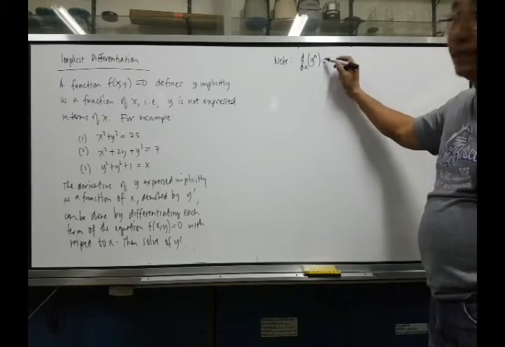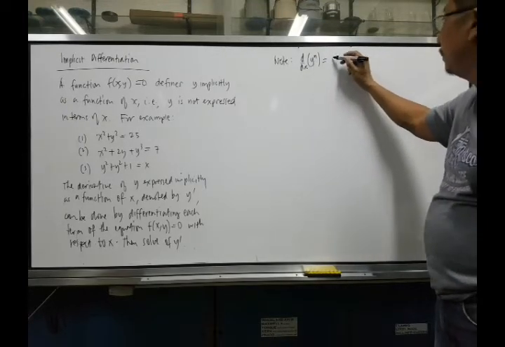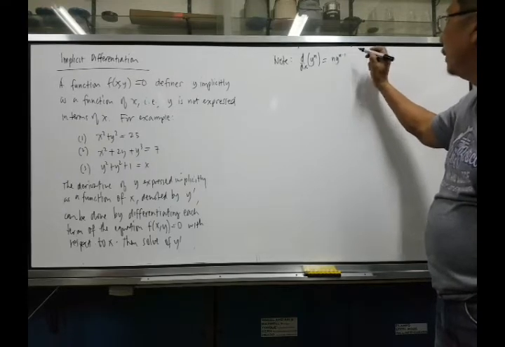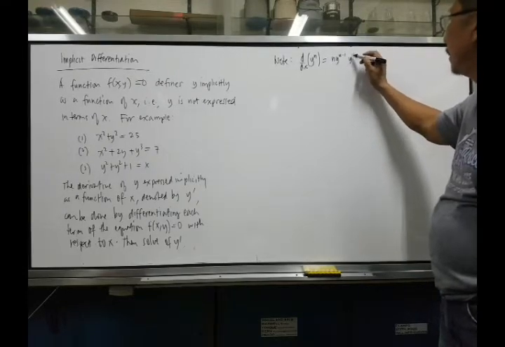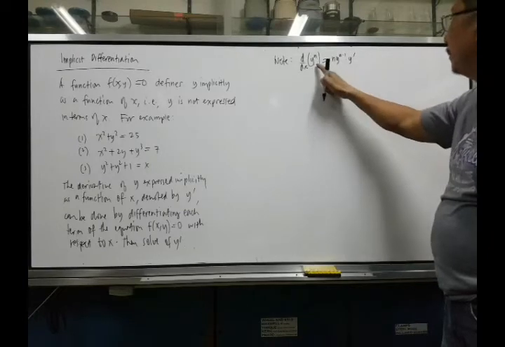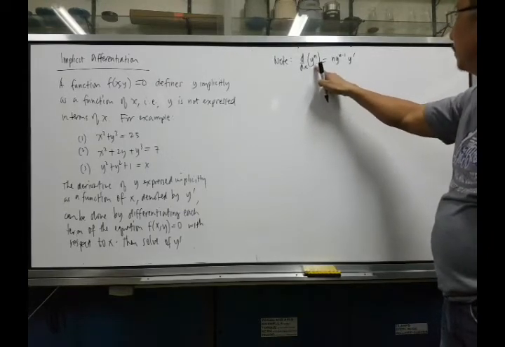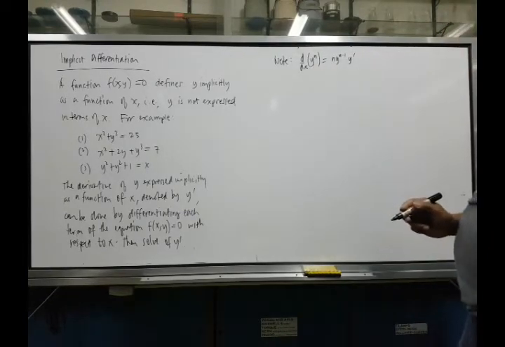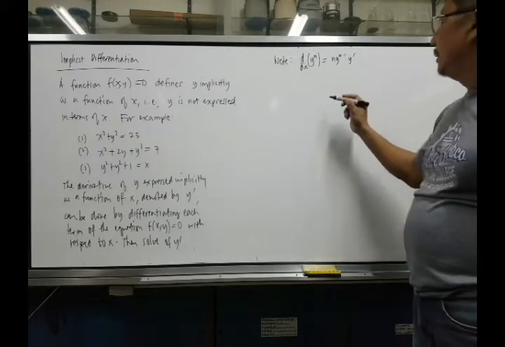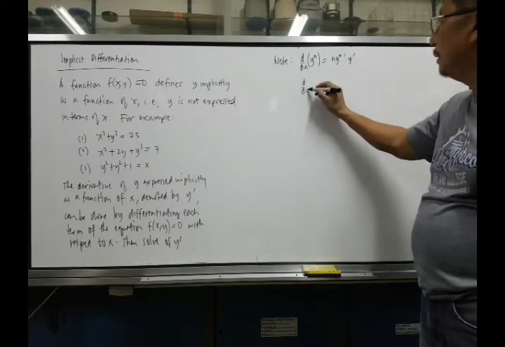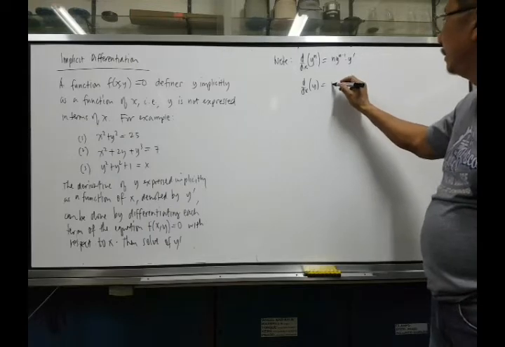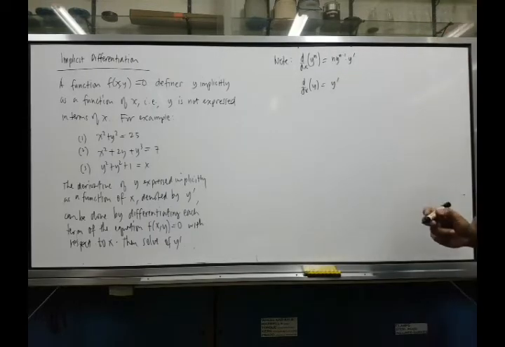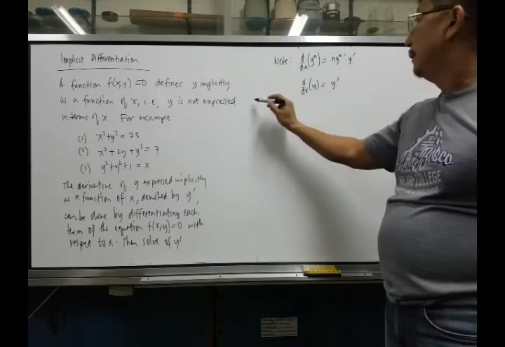And because of that, we just apply the chain rule. So this will be n y to the n minus 1 multiplied by y prime, because we still have to multiply by the derivative of y with respect to x. Is that clear? And if we only have y, of course, we just write here y prime.